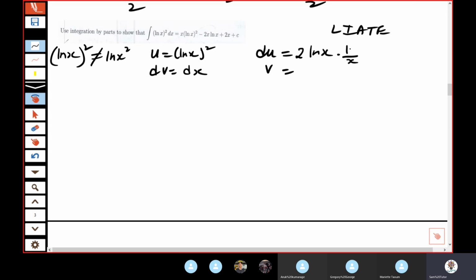That's looking familiar by now, isn't it? 1 on x? Yeah, and then dx. V, what's the integral of 1 dx? X. All right, done. Next line. I equals to x ln x all squared. Look, you've already got it. x ln x all squared minus the integral of this times by this. What do you see cancels out?